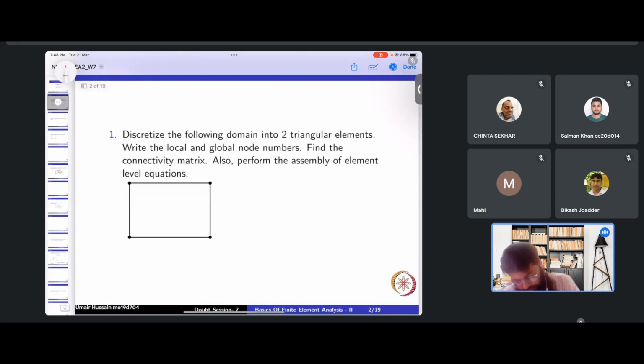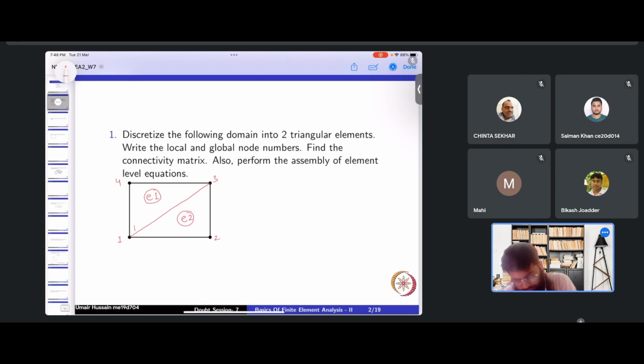Since we are given this domain and we want to discretize into two triangular elements, we can just draw this line here. I'm numbering these nodes on my own. Okay, so we have two elements here. This is element one, let's say. This is element two. I'll also give the local node numbers.